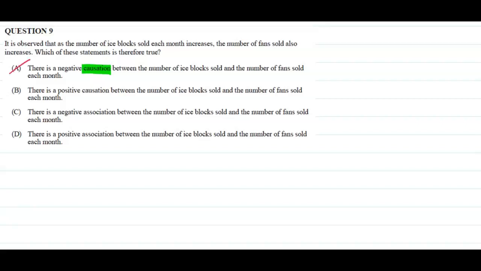So A is definitely out. B, there is a positive causation. B is definitely out. Now, if it did say there might be a negative causation, well, sure, there might be. But the only way to confirm that is to perform a completely random experiment. A graph will never be able to tell us this information.